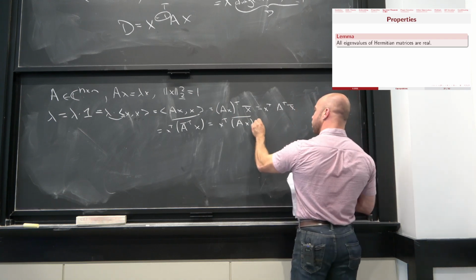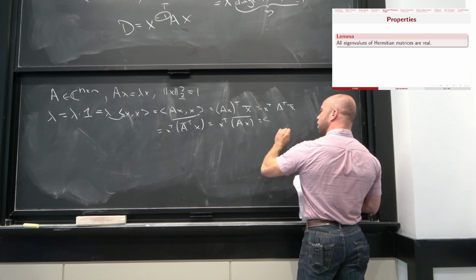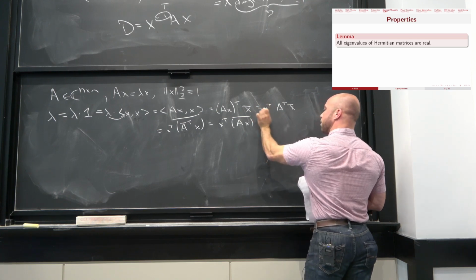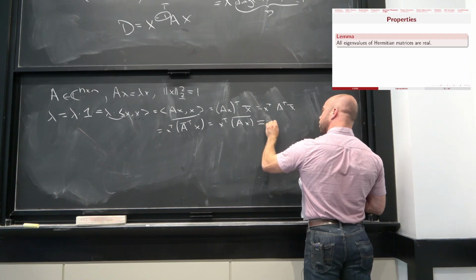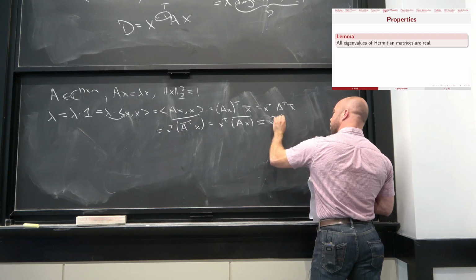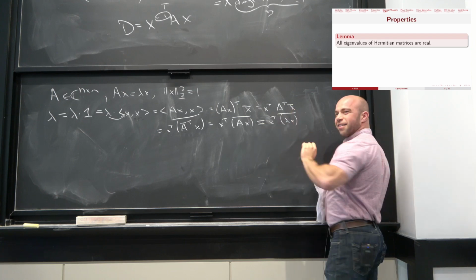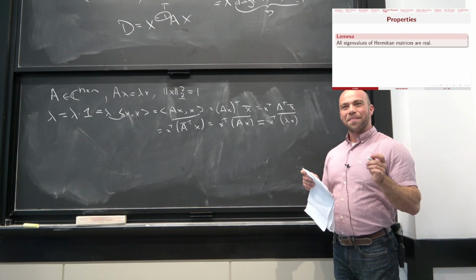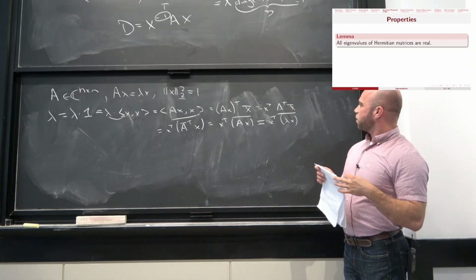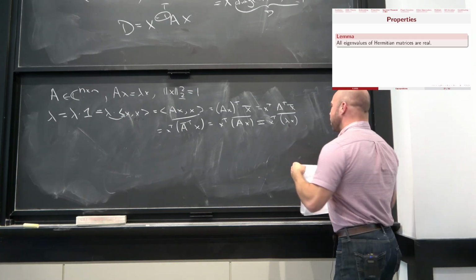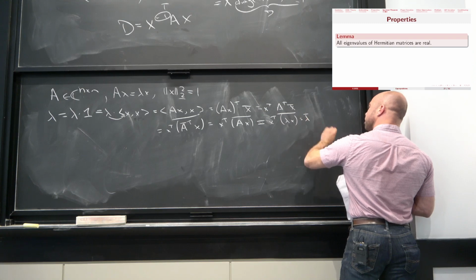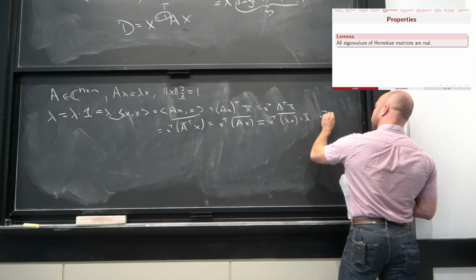So this is the inner product. Actually, no, let's keep writing it this way. But we know, because x is an eigenvector, this is x transpose times lambda x conjugate. But notice something fishy happened. Now I have a conjugate over this lambda. So this is really equal to lambda conjugate times x transpose x.